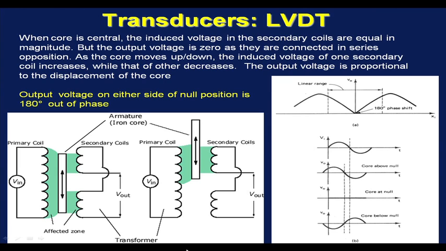When the core is central, the induced voltage in the secondary coils are equal in magnitude, but the output voltage is 0 as they are connected in series opposition.